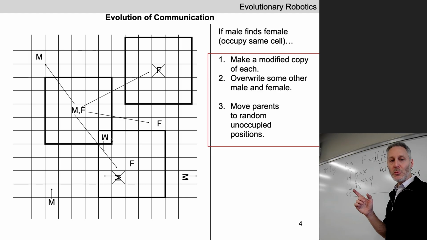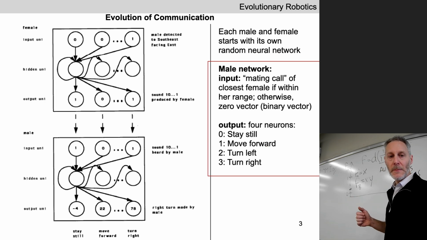If there are two males in a female's visual range, so for this female, there are two males, she sees the closest one. So for every female at every time step in the simulation, that female either sees no males or one male.